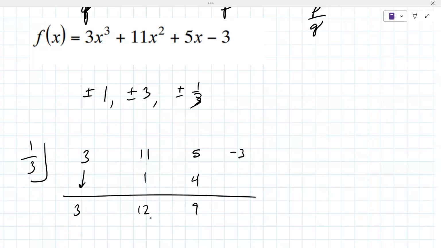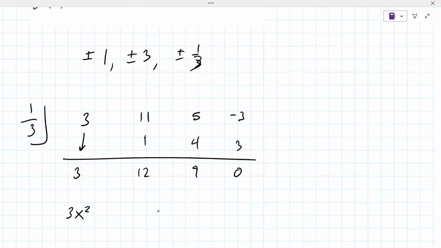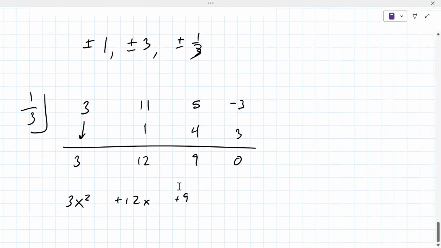Yeah, it works out. Right. And then from here, you can write 3x squared plus 12x plus 9, and you could factor a 3 out of each.